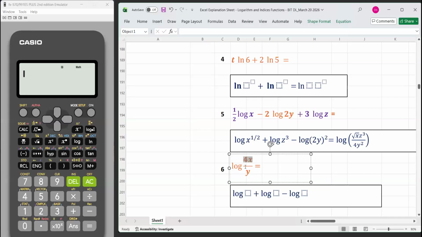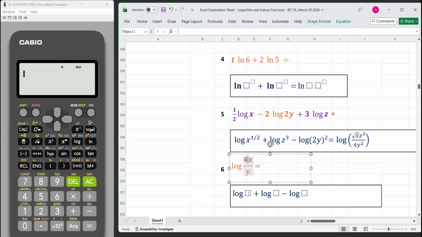What operation is between them? Multiplication. So if it is multiplication, it goes with what? Addition, isn't it? Yes.